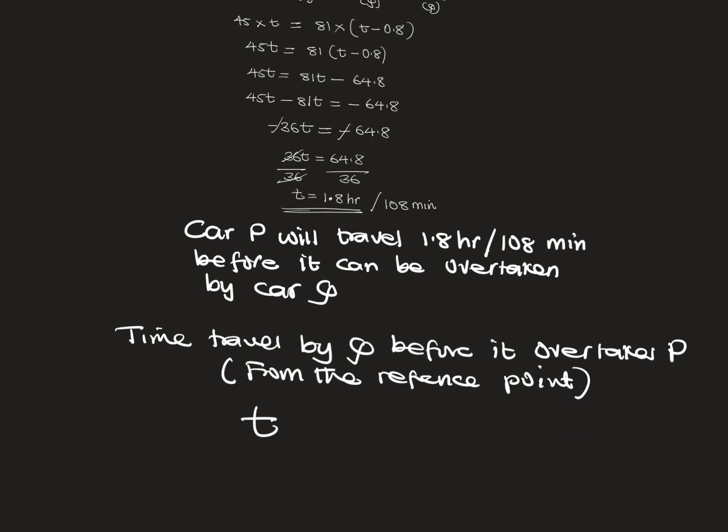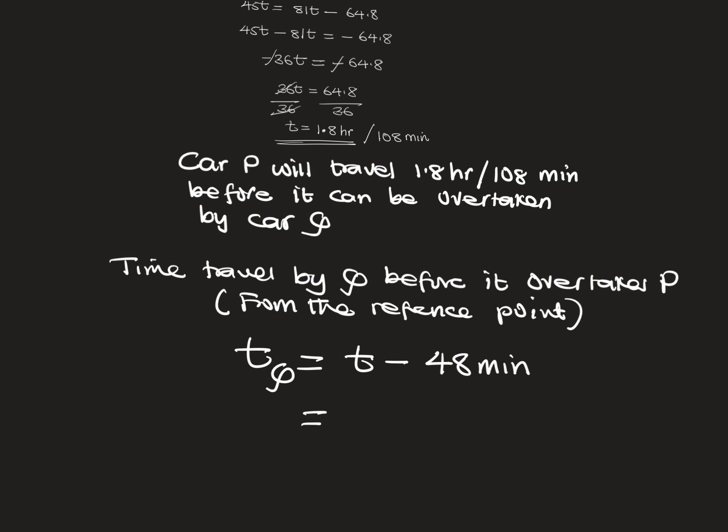That time for Q is equal to T minus 48 minutes. Okay, if at all you want to express it in minutes. So what was T? T was 108 minus 48. Okay, so that will be 60 minutes. Okay, that is exactly 1 hour. So it means after Q travels 1 hour, that is the time it was able to overtake P.